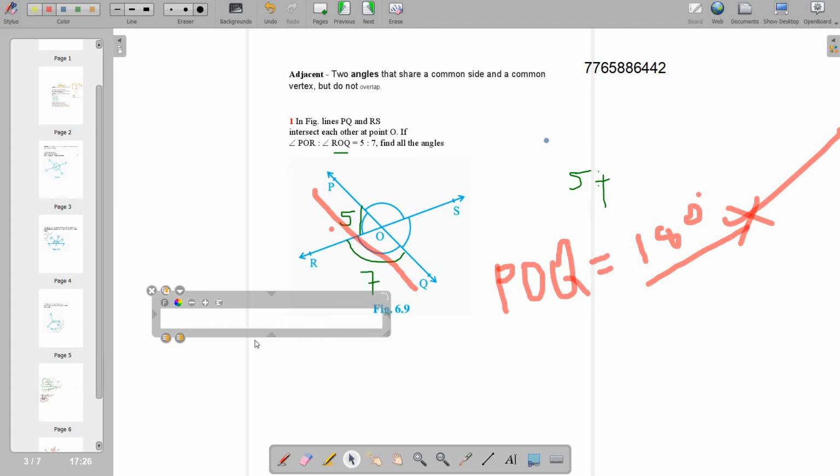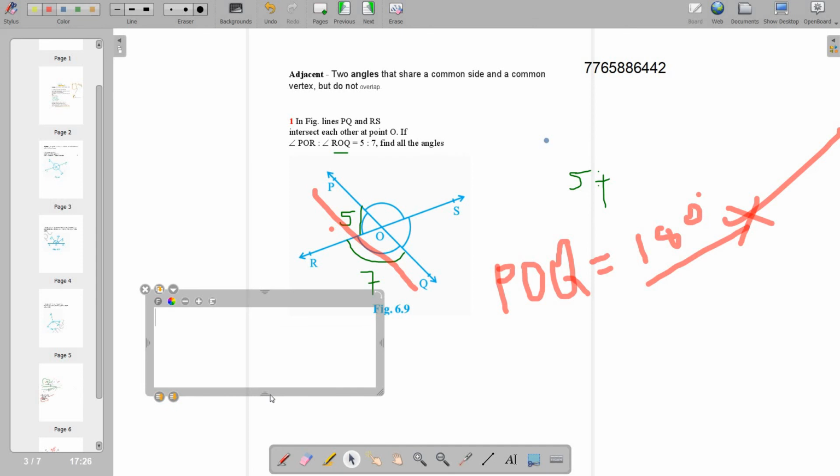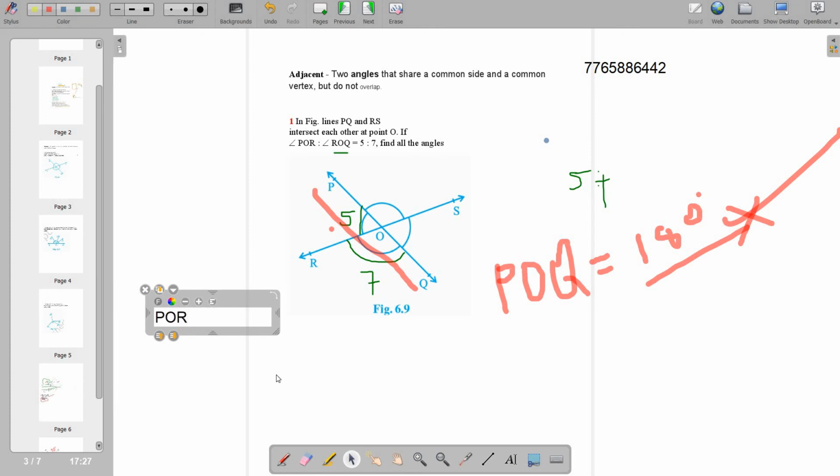Now let us see the concept. POR is equal to 180 into 5/12.